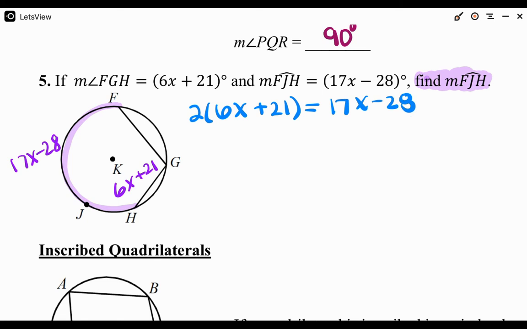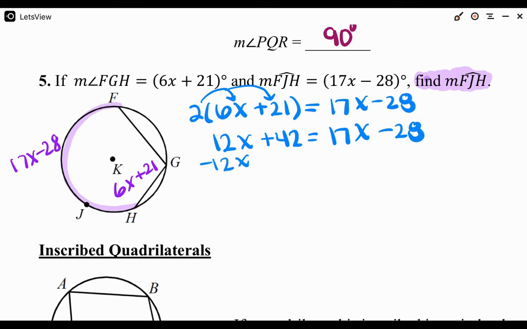Whenever we have a 2 on the outside, remember we are going to distribute. So distribute your 2. So we get 12x plus 42 equals 17x minus 28. Then we can just solve for x. So subtract 12x from both sides, we get 5x.